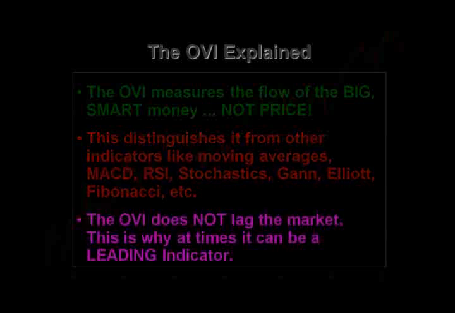Most of those indicators, and most of the indicators that people use, lag the market because they involve averages. The OVI does not lag the market, and that's why at times, as you'll see, it can be used as a leading indicator. It can show you the way ahead, but again, only in conjunction with a tradable chart pattern. That's the way that we use it.